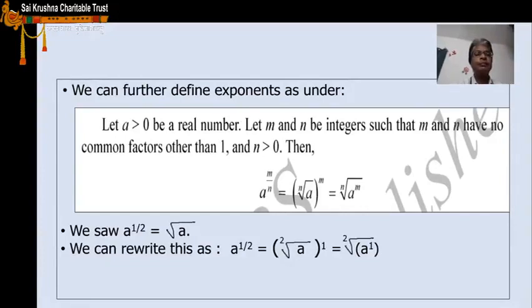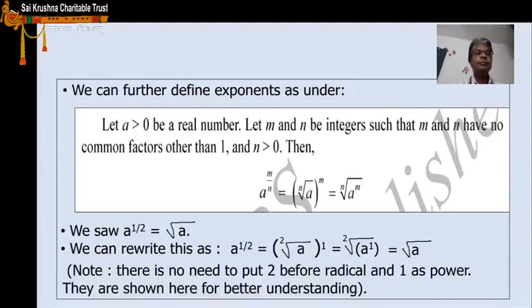Both are the same. This is nothing but root a. So a power 1 by 2 is nothing but a power 1 square root, or the square root of a whole to the power 1. All together it is called root a. Again, I just mention there is no need to put 2 before the radical and 1 as the power. They are shown here for better understanding.